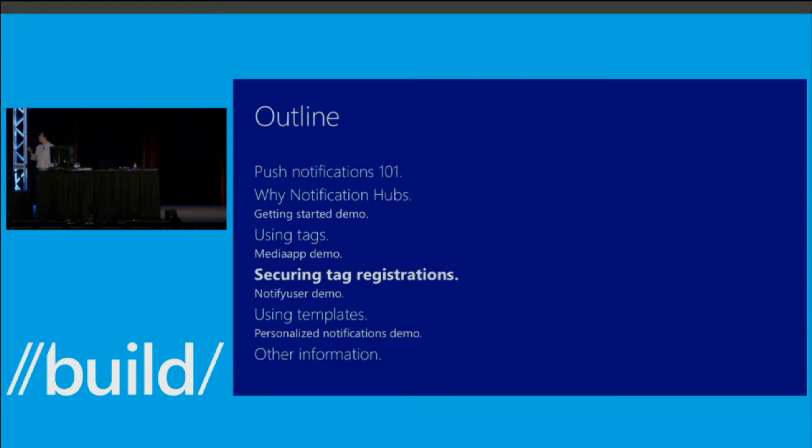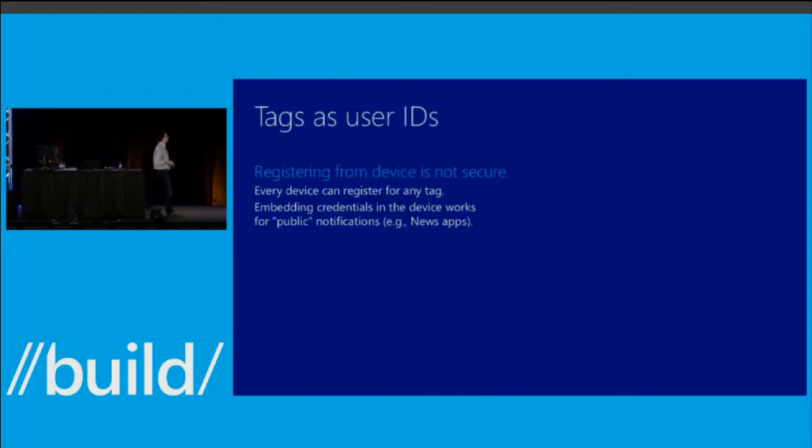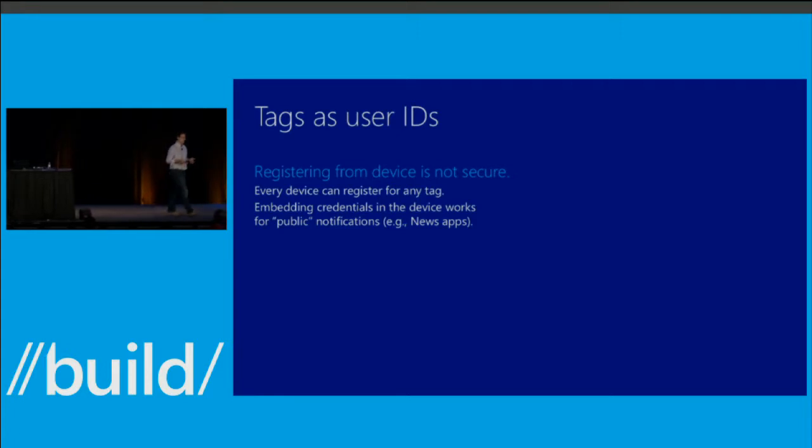Now, the next section is securing tag registrations. Why is that? If you want to use tags as a user ID, you basically do not want to do the thing that I showed you. Why is that? If you noticed, in the app, I put the listen credentials of the Notification Hub.